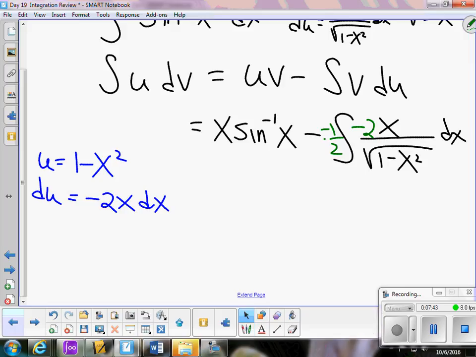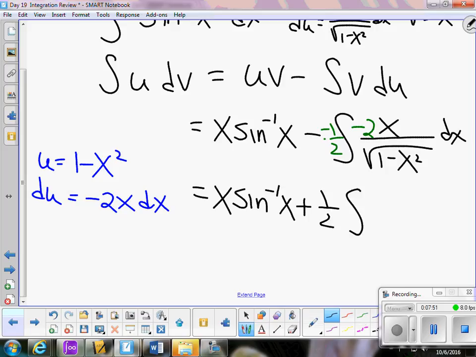So now what we have is x times the inverse sine of x plus 1/2. Now, we're not talking about the old u and dv. This is the new u, for the u-sub over here. This is just du over.